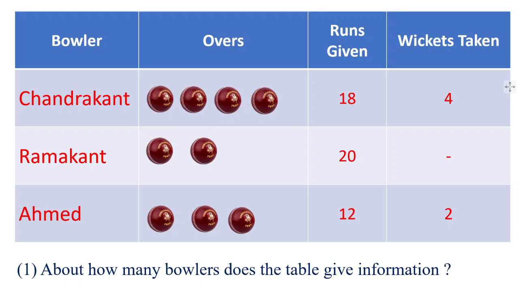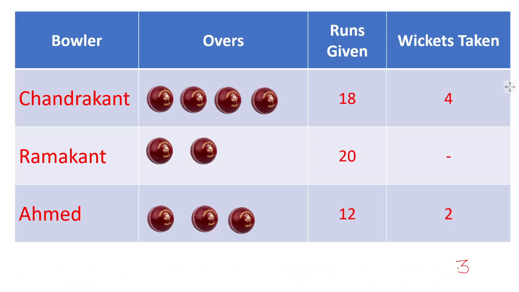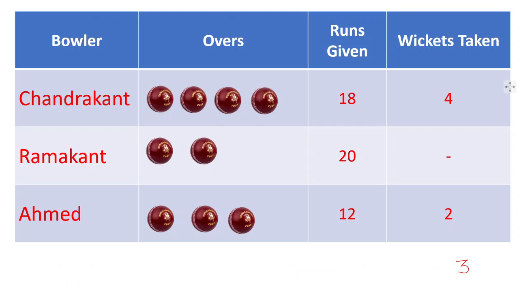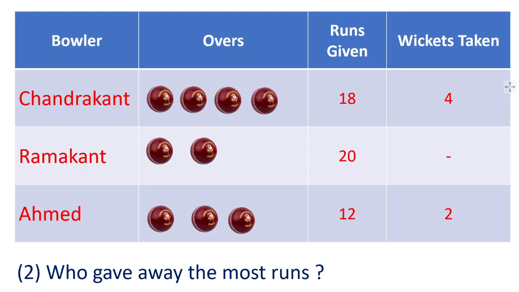For example, how many bowlers does the table give information about? How many bowlers are there? It is as simple as that, there are 3. Your answer will be 3. Another question can be, who gave away the most runs?